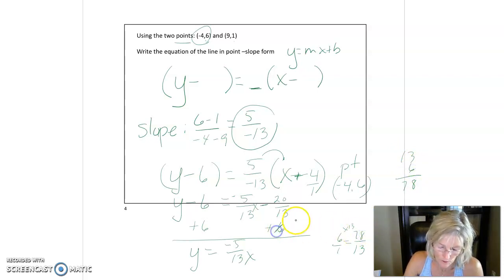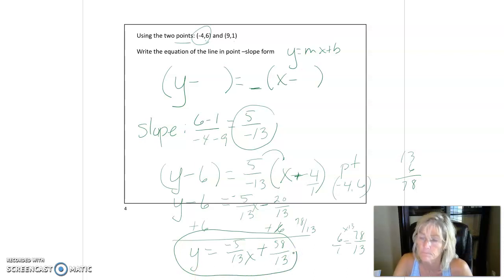So this fraction should be 78/13. So 78 minus 20 should be positive. 78 minus 20, 58/13. One that doesn't look so pretty, but that's okay.